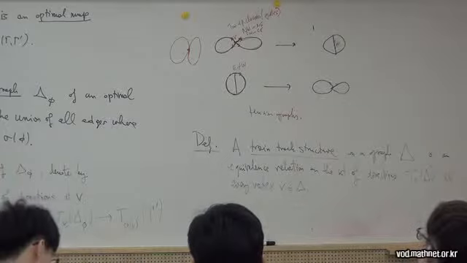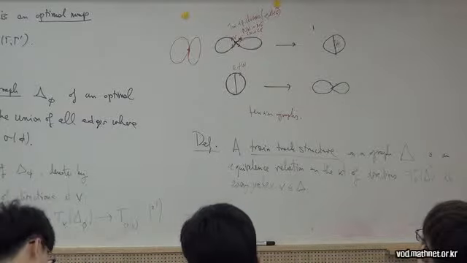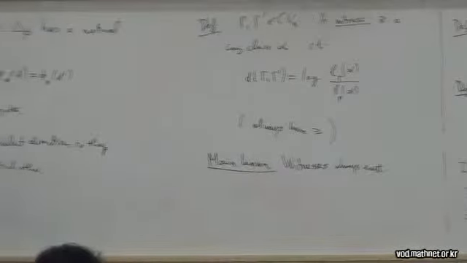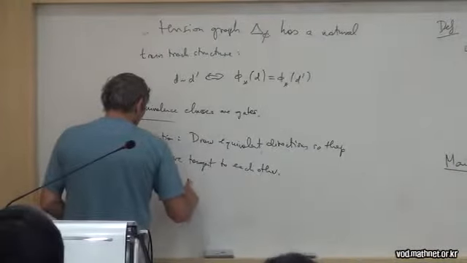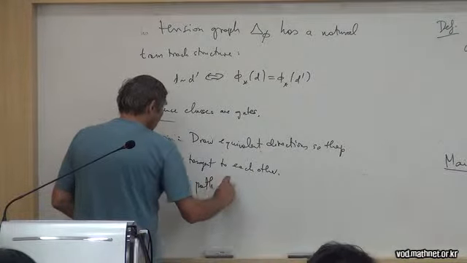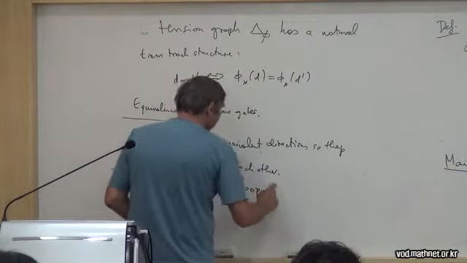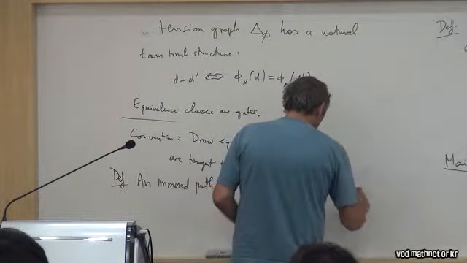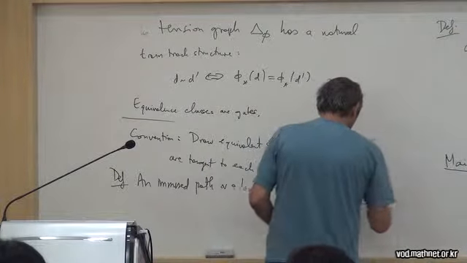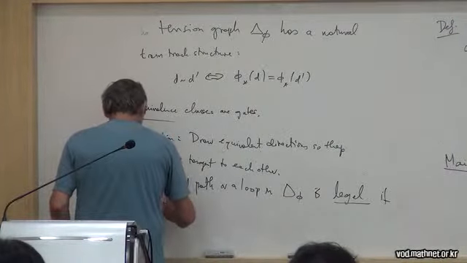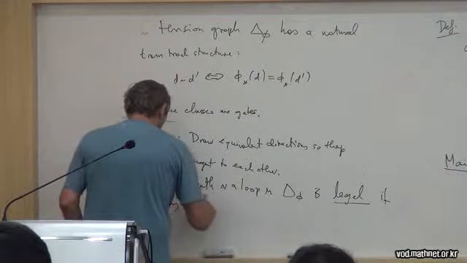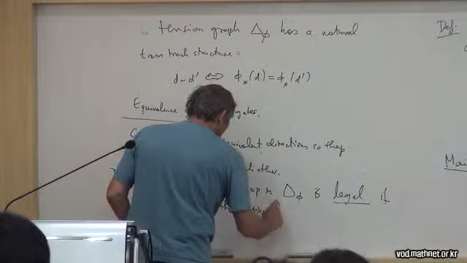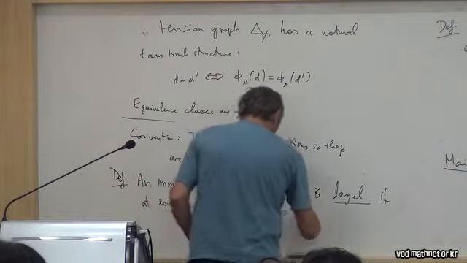And we define a path. An immersed path, or a loop, in delta phi is legal if at every vertex the entering gate is distinct from the exiting gate.